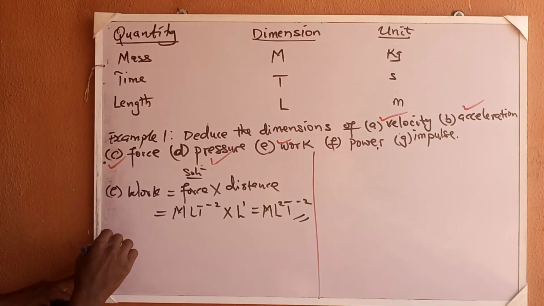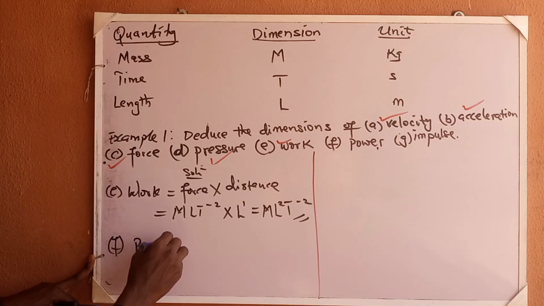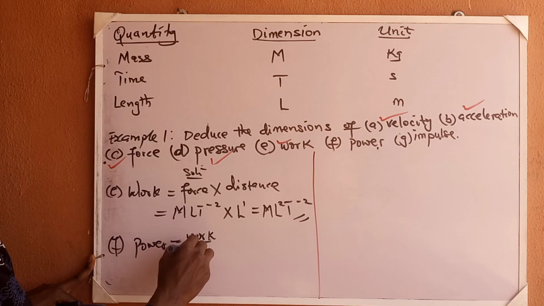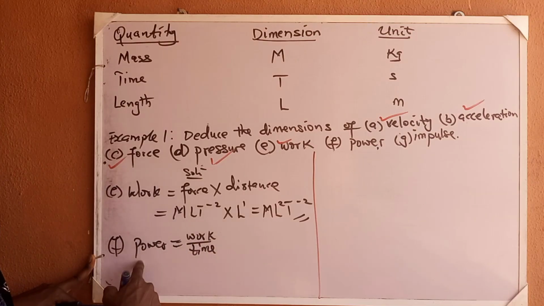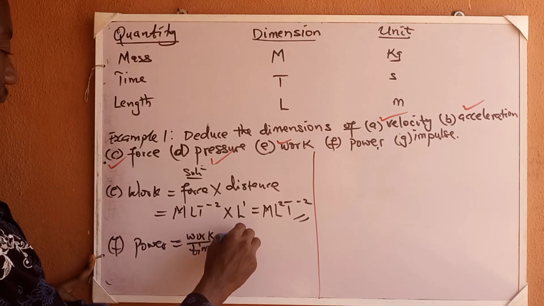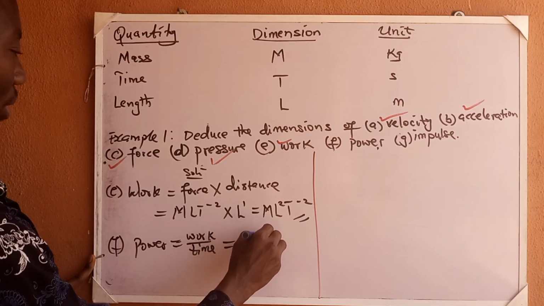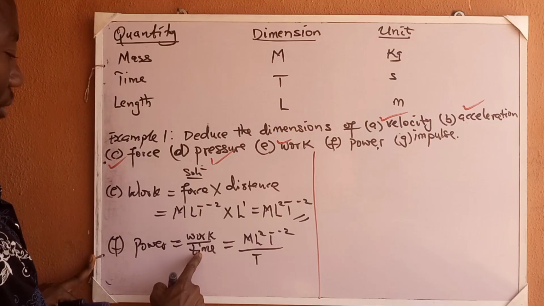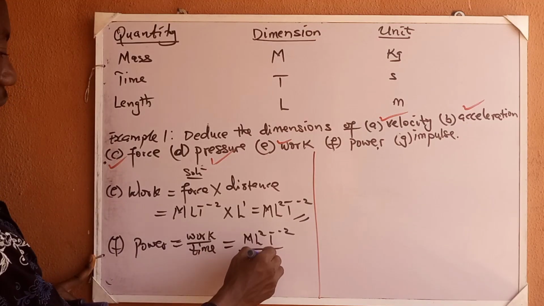Next is power. That is F. All right. Power is work done per time or energy over time. So power is work over time. We have the dimension of work as ML squared T minus 2, then all over what? T, because of this time here, to power 1.